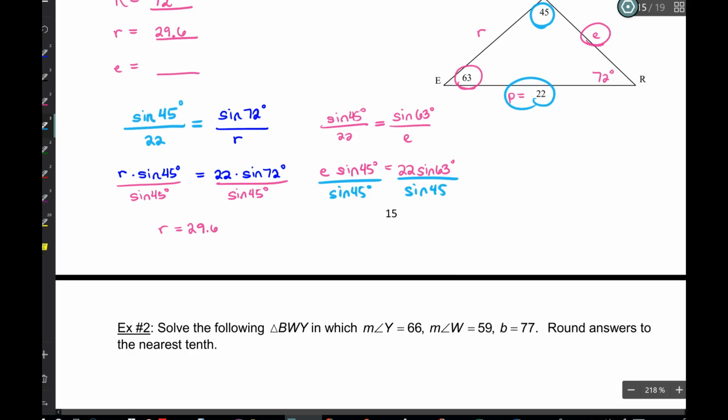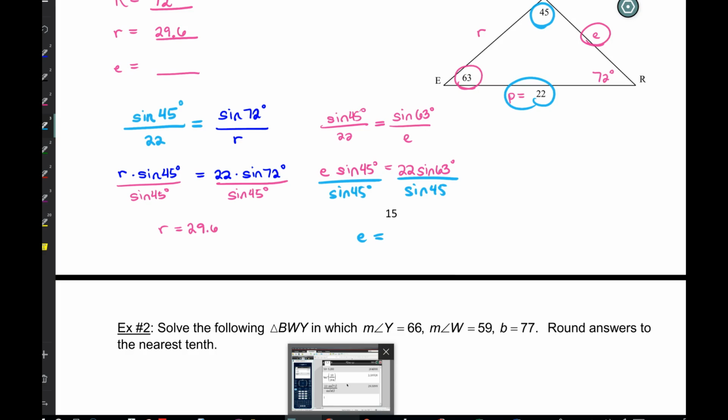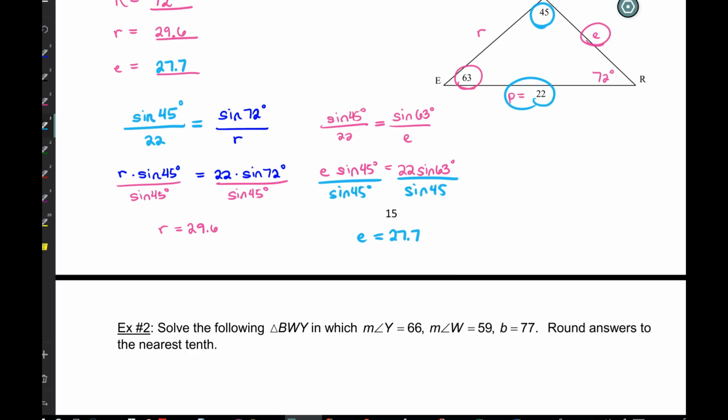What do we get? 27.7. That's basically law of sines.